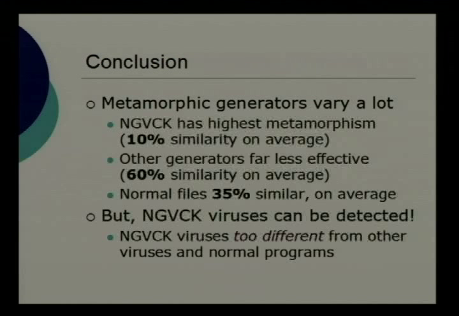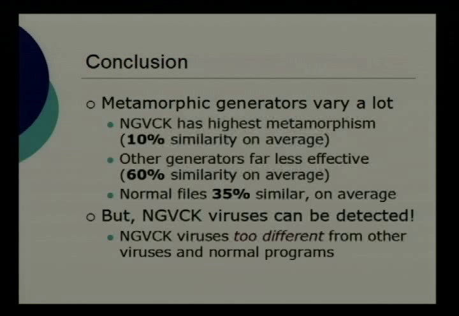So what does this tell us? First of all, from the comparison test, we know that metamorphic generators actually vary a lot. Even though we can find a lot on the internet, they may not all be effective in terms of generating metamorphic code. NVIC seems to be the most effective because the viruses they generate are 10% similar. Other generators are less effective.